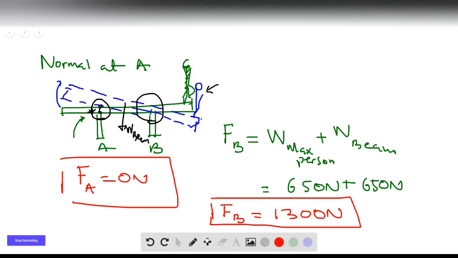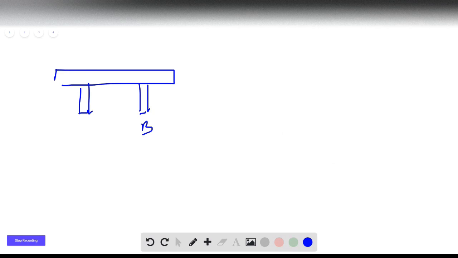And then in the next page, now we have a different scenario. So, we still have the beam. It's like that, but this time this is B, this is A. The person right now stands 2 meters from the edge.